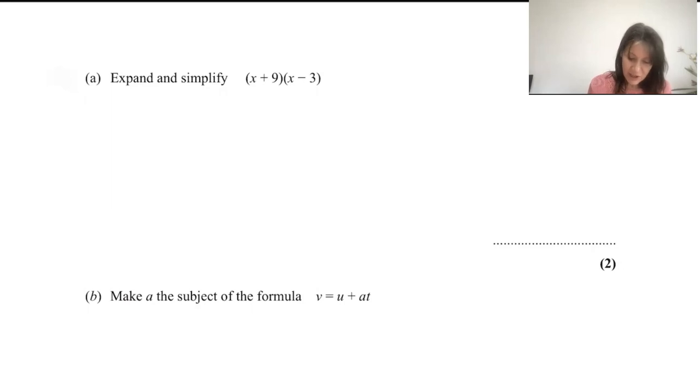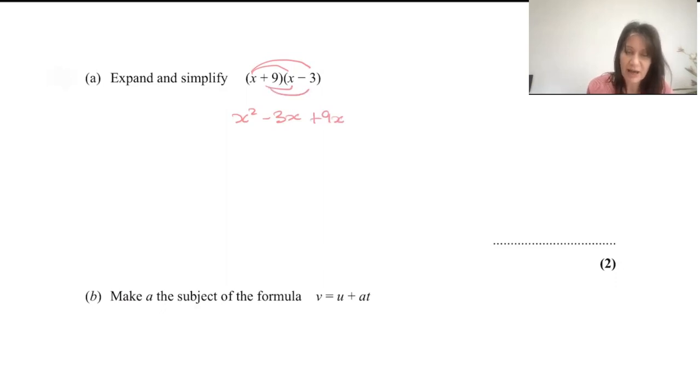Okay, so expand and simplify means we need to get rid of those brackets and we multiply those brackets out. So we use Crabbe's law in class. X times x is x squared. X times minus 3 is minus 3x, plus 9x. And then watch out for that negative.